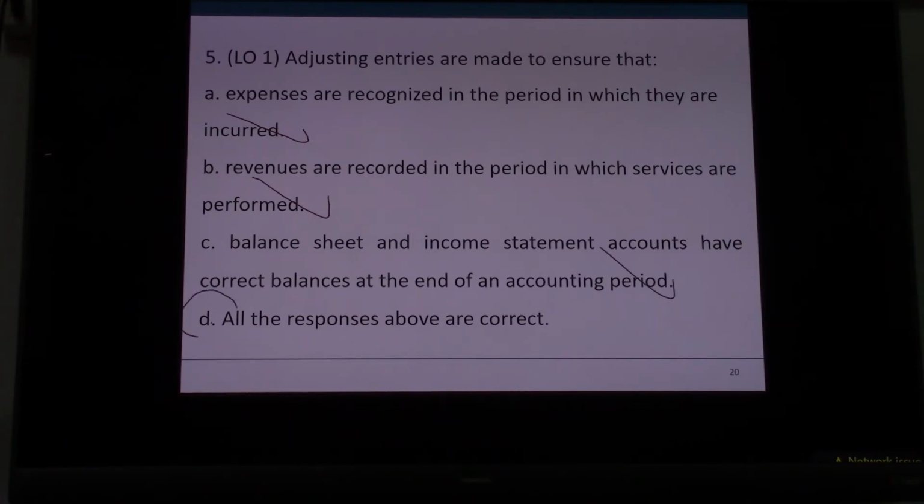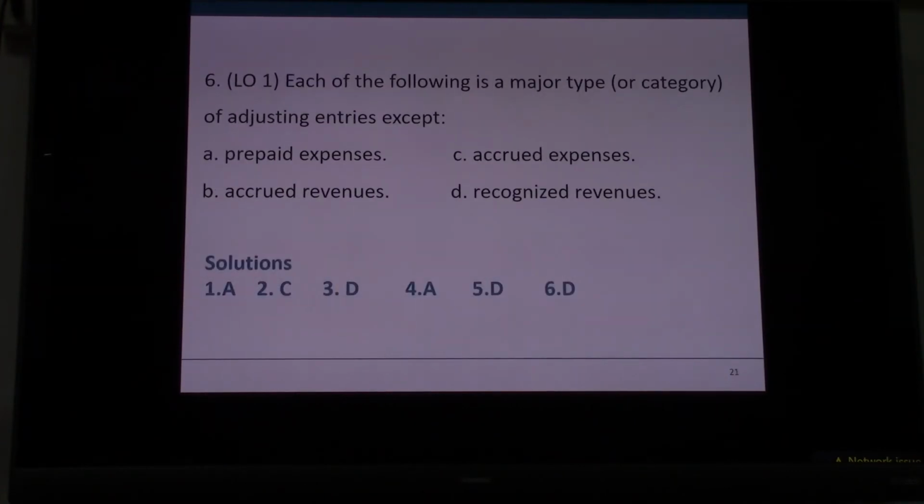So letter D is the correct choice, because we perform adjusting entries in order to ensure that we are following the expense recognition principle, we are following the revenue recognition principle, and also to make sure that our balance sheet and income statement are up to date, all accounts have correct balances at the end of the accounting period and are up to date. So letter D is the correct choice.